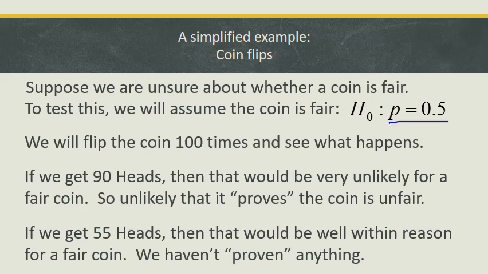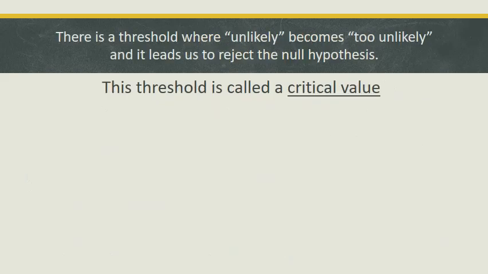Some people would say that this proves the coin is fair, but that's not quite right either. It simply does not prove that the coin is unfair. There's a subtle but important difference between those two statements. So we've established that 90 heads is unbelievable and 55 heads is reasonable for a fair coin.